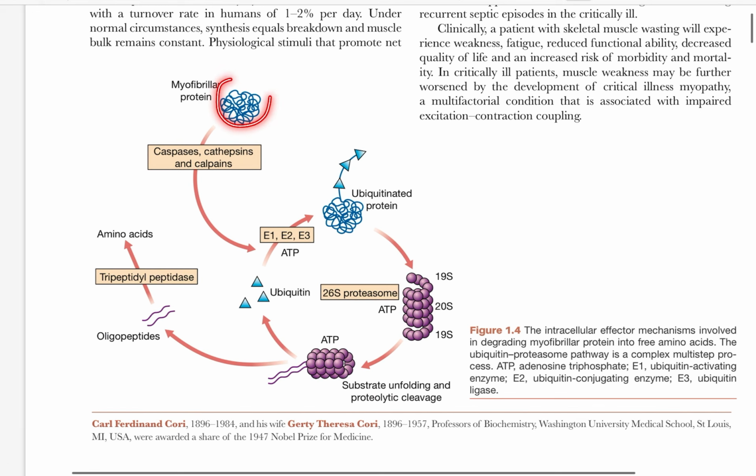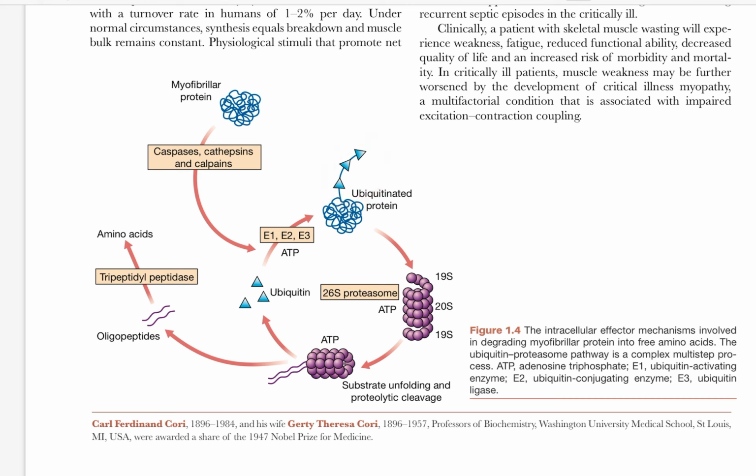Now you can see the myofibrillar protein, with the help of caspases and cathepsins and calpains, is acted on along with ATP under the influence of E1, that is ubiquitin activating enzyme, E2, that is ubiquitin conjugating enzyme, and E3, that is ubiquitin ligase. The protein then is ubiquitinated.